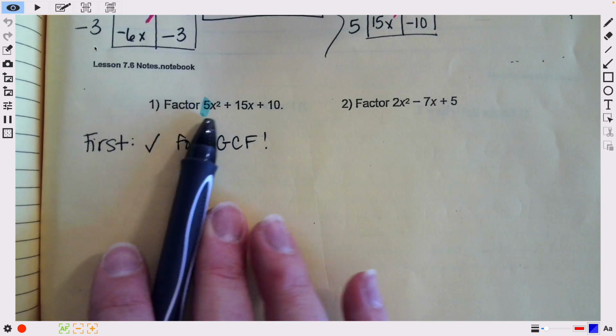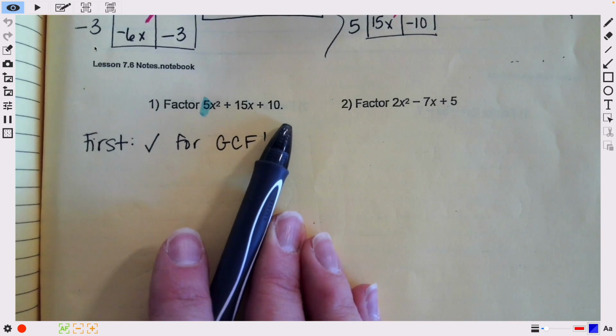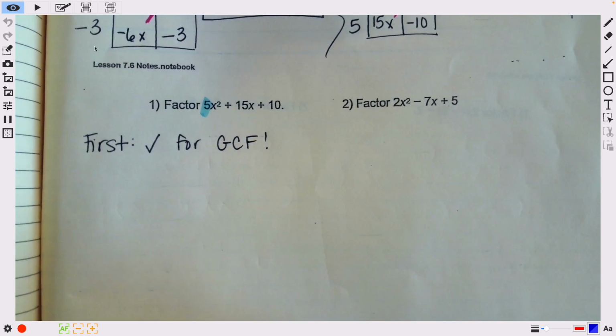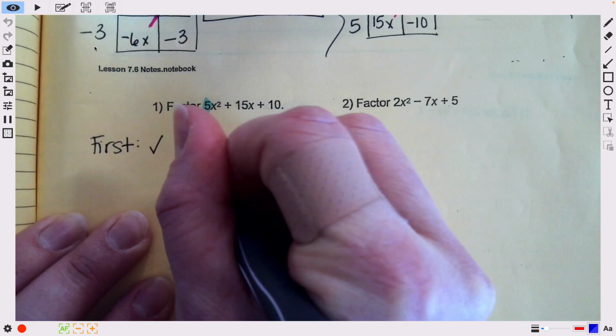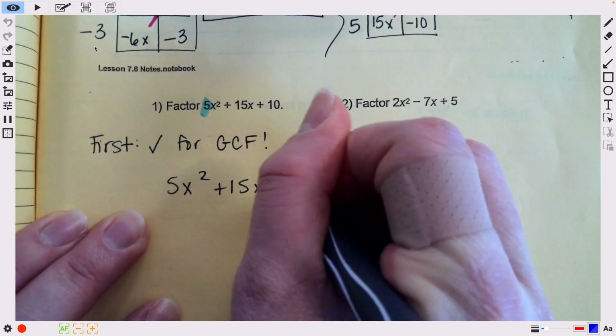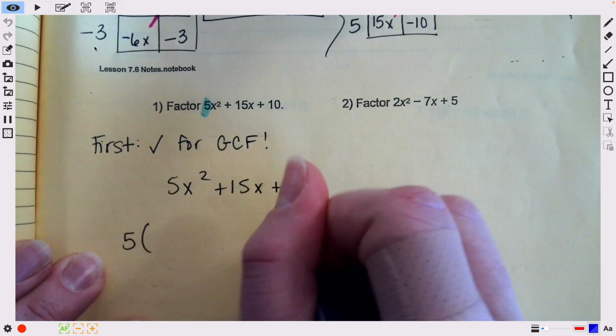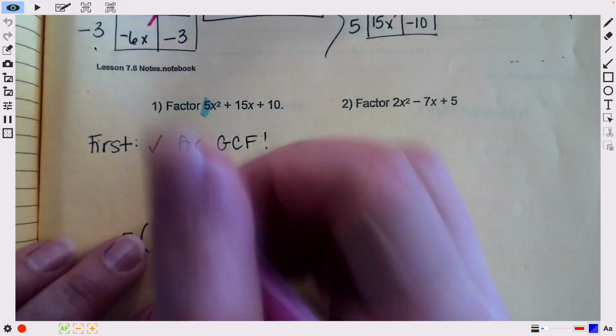So, like in this case, 5, 15, and 10. Do they have a common factor we can divide out of all? Yeah, we can take a 5 out. So the first thing I'm actually going to do before I do anything is take that 5 out of all of these.